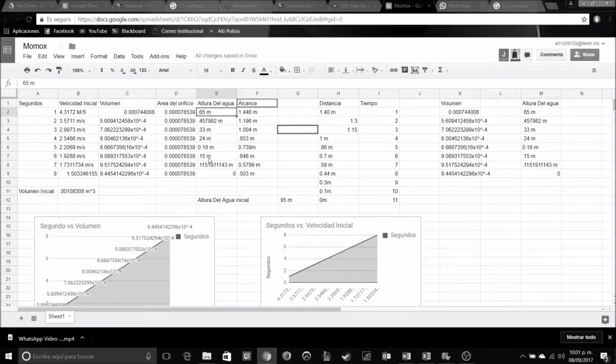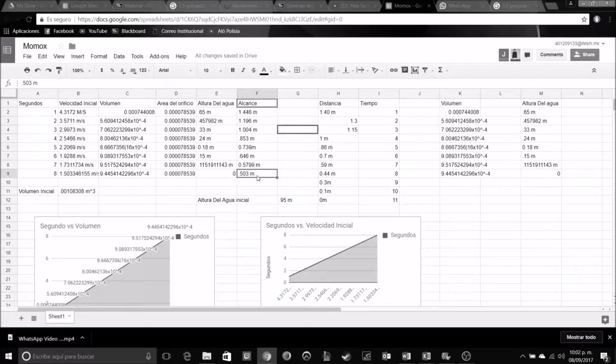So we can see that, for example, at second 8, the initial velocity that the water got out from was 1.5, and the water that got out was 9.44 times 10 to the minus 4. Okay, and the height of the water was 0, and the reach of the water was 0.5 meters.